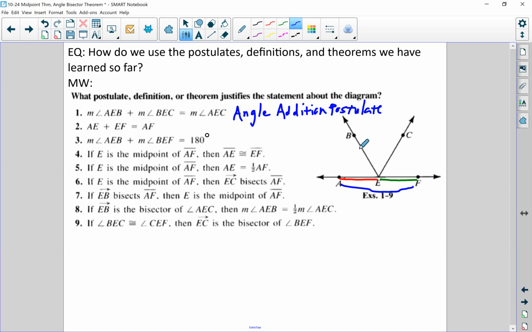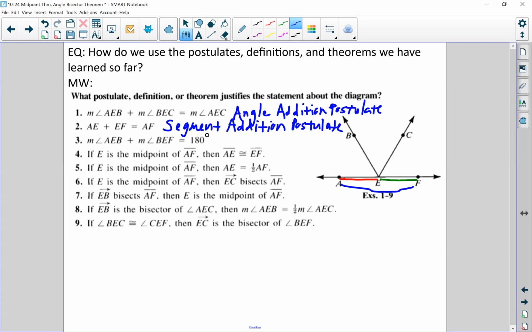So again, we're using addition. We have the segment addition postulate this time. The three points involved in this equation are all collinear, where one of the points, E, is between the other two. This involves the segment addition postulate for that reason.